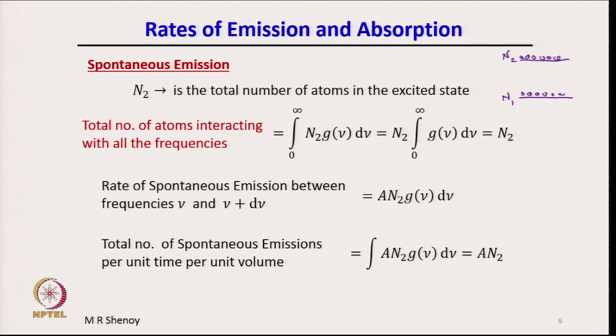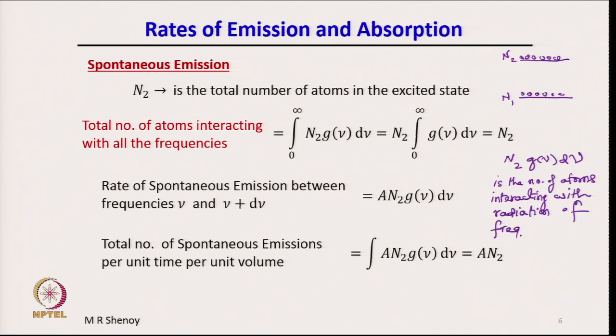Then N2 into G nu d nu, by definition of G nu, is the number of atoms per unit volume interacting with radiation of frequencies between nu and nu plus d nu.